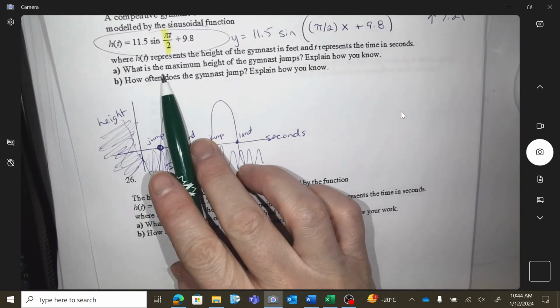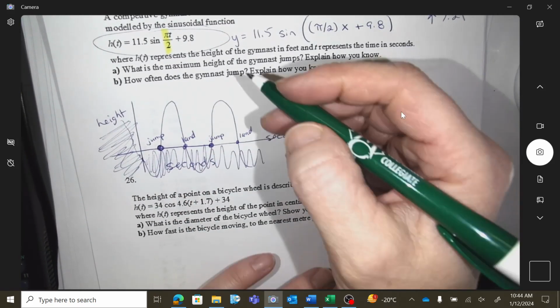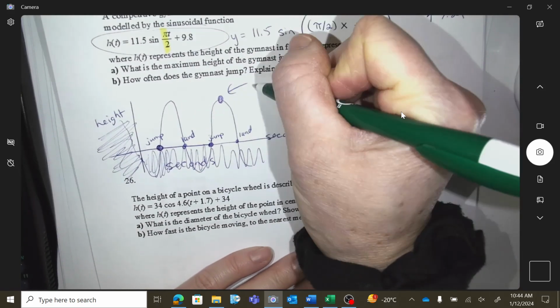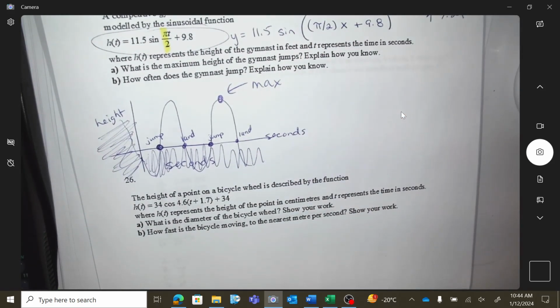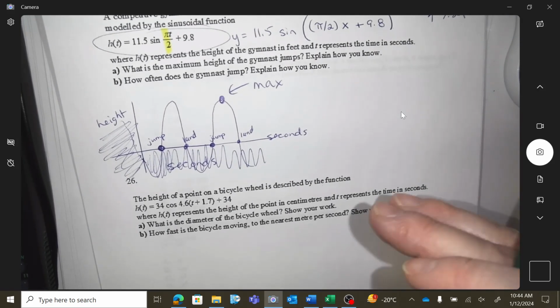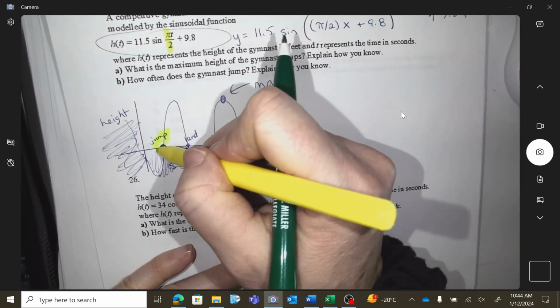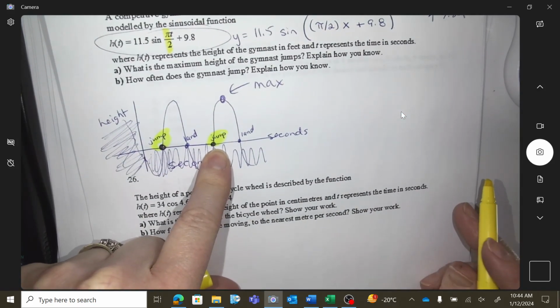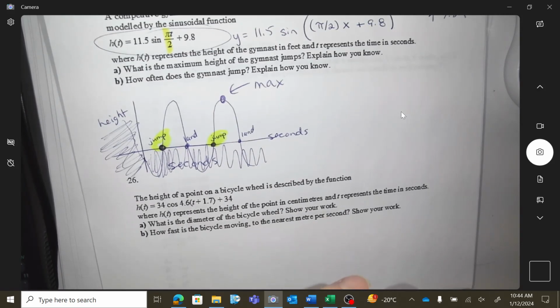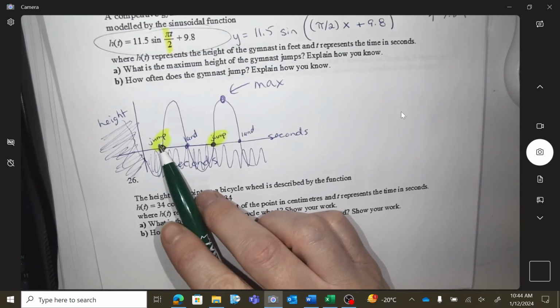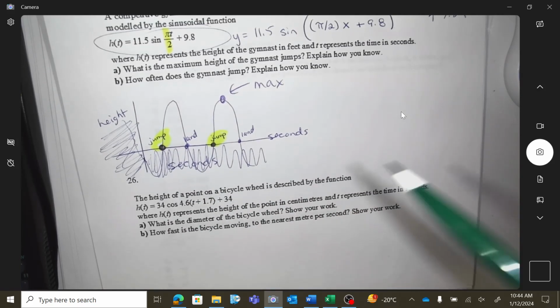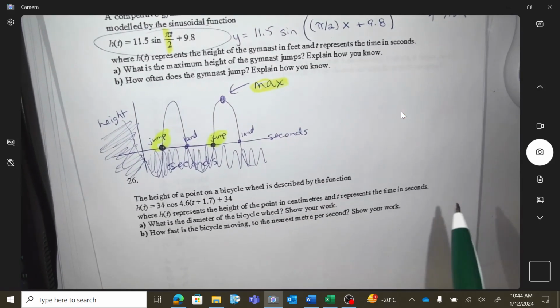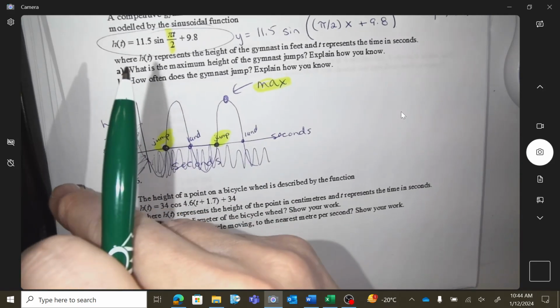So I need you to, A, get me the max height. So you can pick whichever bump you want to do. I need a max height. And I think I want the time here and the time there. And then I'm going to subtract that to say this is how often they're doing it. So those are the things you need to figure out how to do on your calculator.